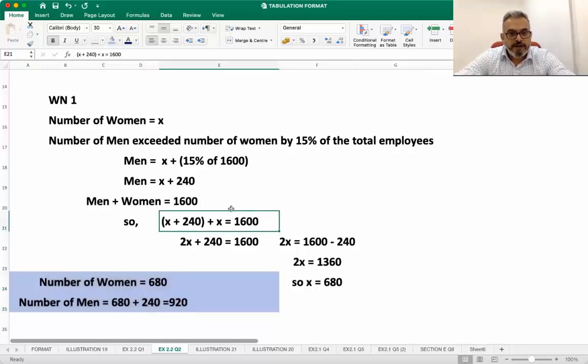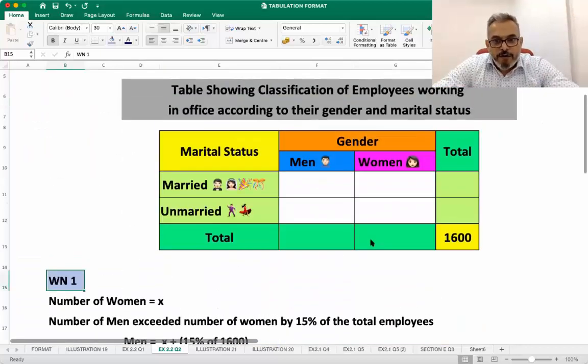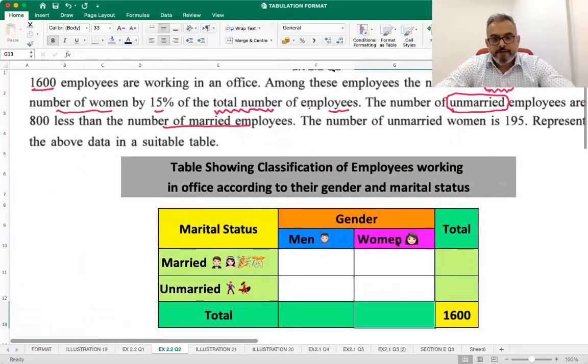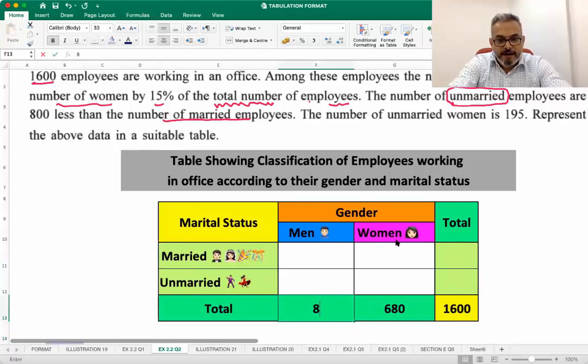Please do this working. If you have any doubts, then please ask. Now, number of women are 680 and number of men are 920.